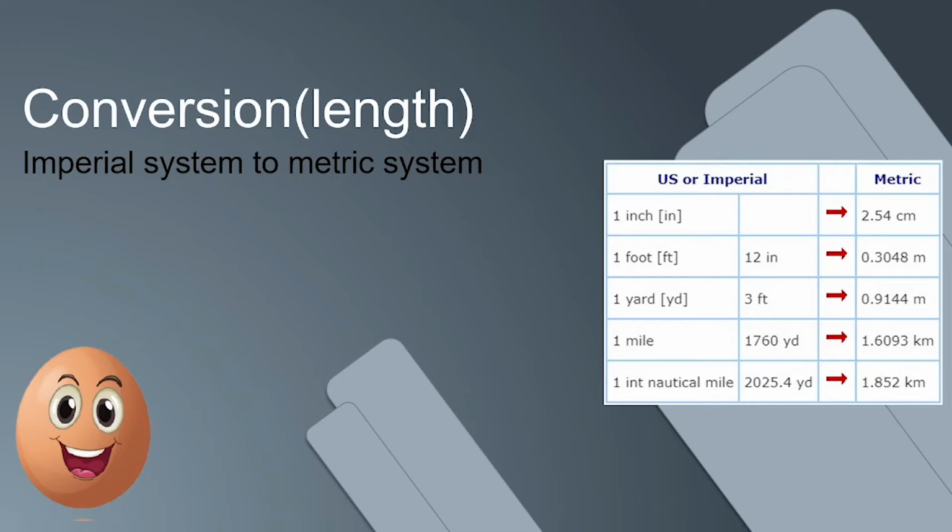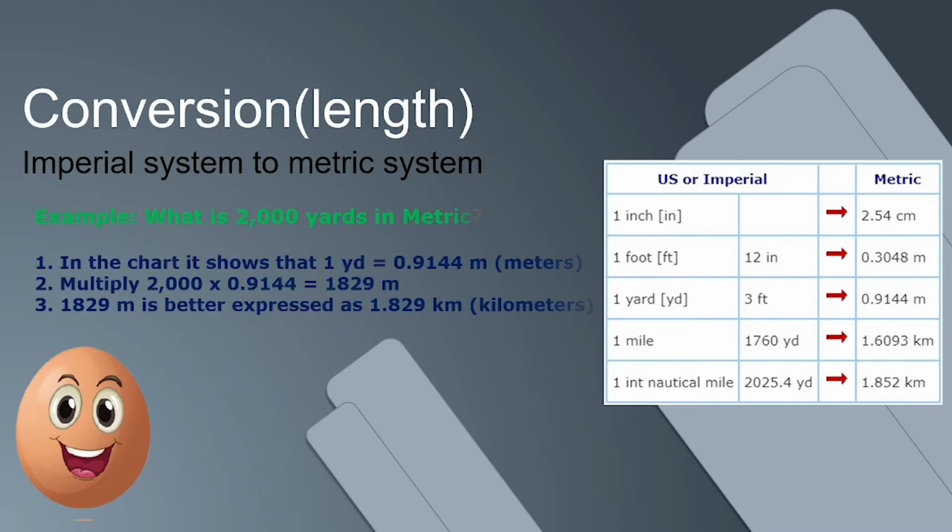Then 1 yard is 3 feet, which is 0.9144 meter. 1 mile is 1760 yards, which is 1.6093 kilometer. 1 nautical mile is 2025.4 yards, which can also be written as 1.852 km, that is kilometer.